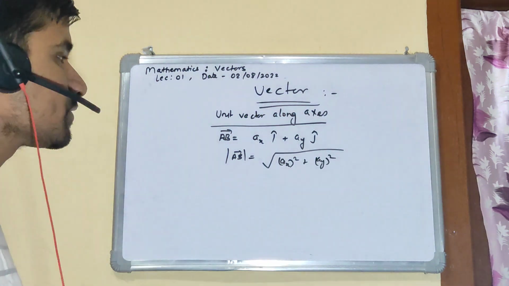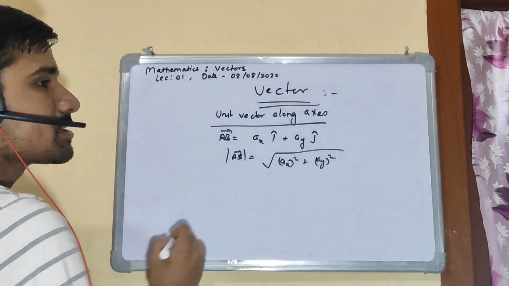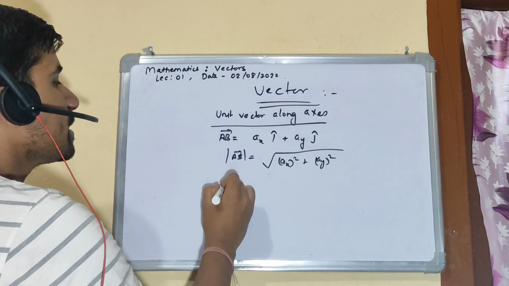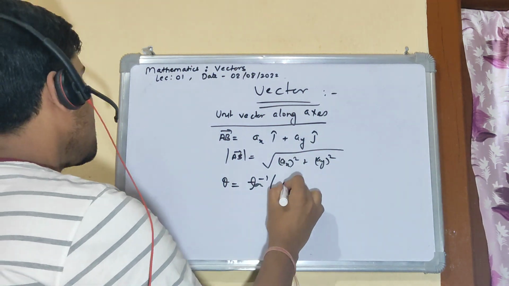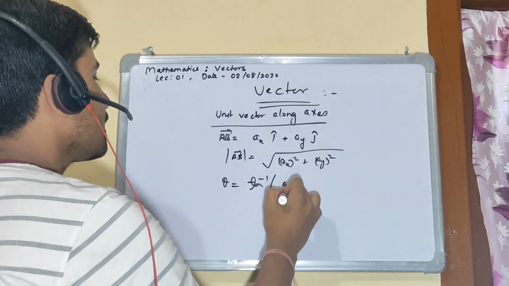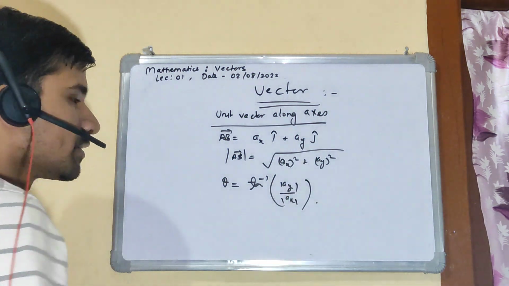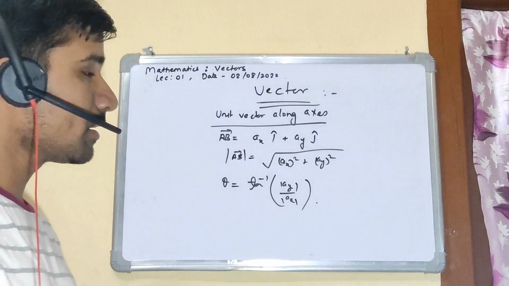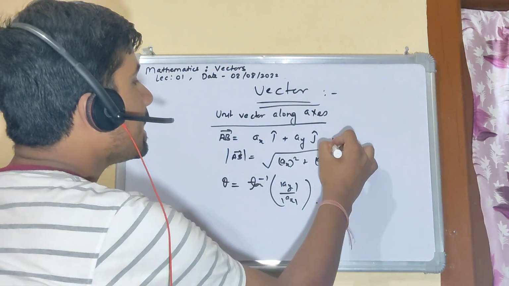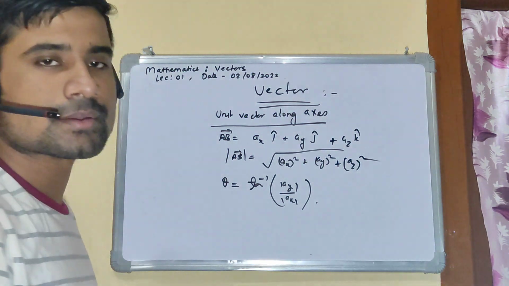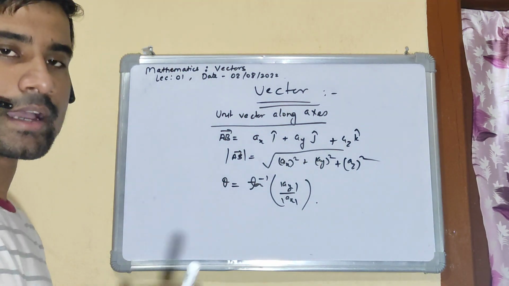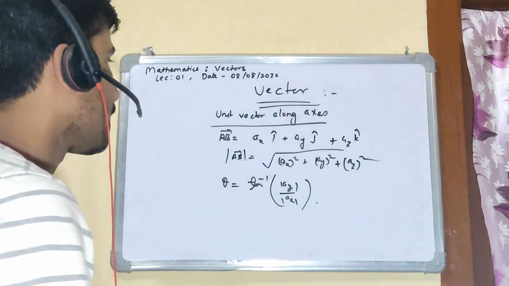What will be the direction of this? So direction with respect to axis, let's say theta is the angle it makes, will be tan inverse ay by ax, right? Clear? Even if I add az k cap here, this will just add az square, right? Clear? So I have considered 3D now, right?